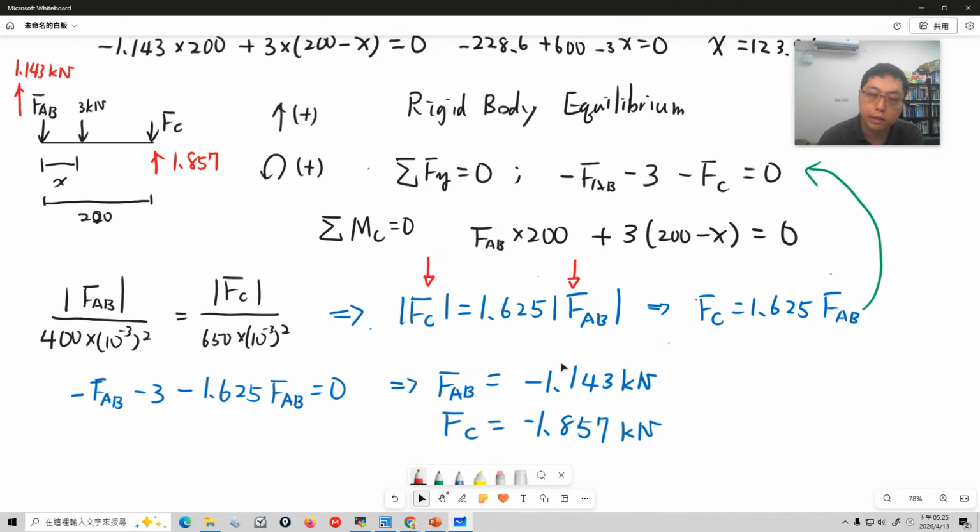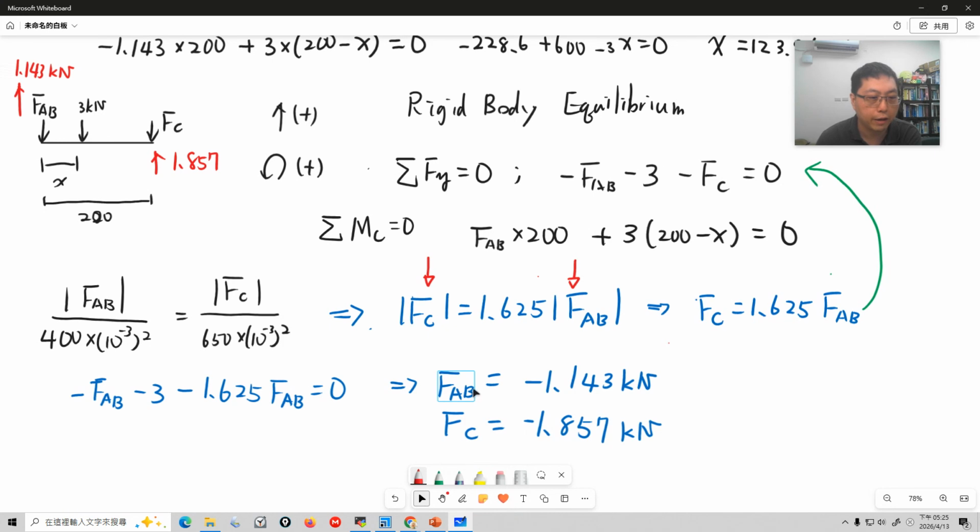So even if initially I assume the wrong direction of these two forces, after the calculation I still can get the right direction of these two forces.